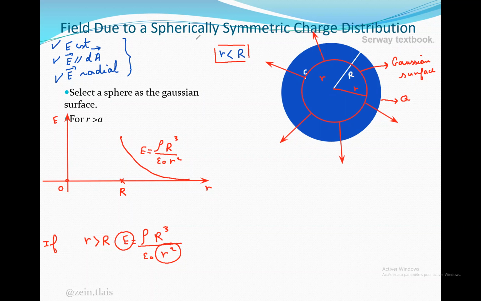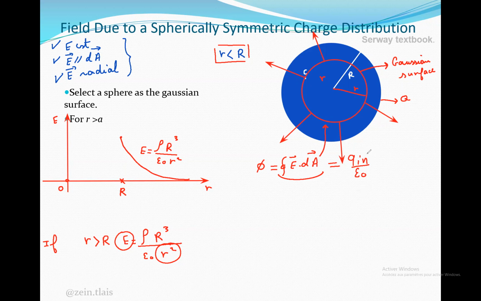What we have to do is write the equation of the flux: the integral of E dot dA equals Qn divided by epsilon 0. Here, be careful. This one relates to the Gauss's surface, I mean to this surface.